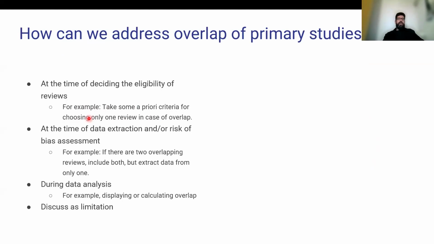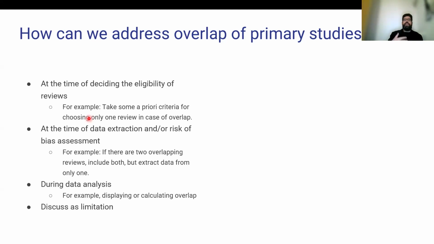What can we do to address or describe the overlap of primary studies? First, the worst option, unfortunately one of the most frequent, is just not considering overlap and just ignoring it. But among the good options you can take is first to make a decision rule in the eligibility step.